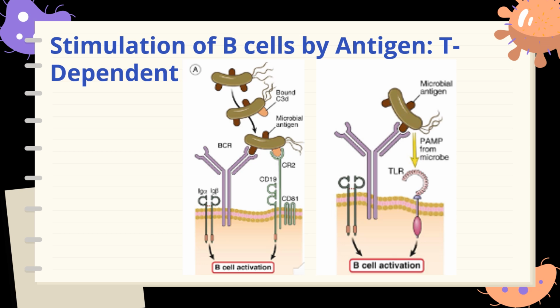This B cell will recognize a microbial antigen through Ig receptors and bind to C3d by the CR2 receptor. This is known as complement activation. This response primarily produces IgM antibodies, has no affinity maturation, and has minimal memory B cell formation, leading to short-lived immunity. These responses provide rapid, early protection against infections.